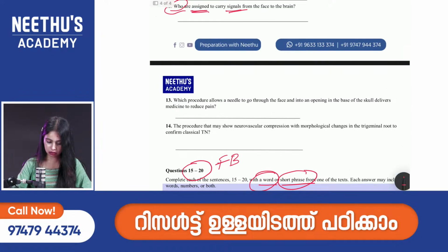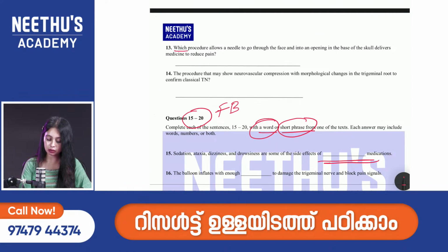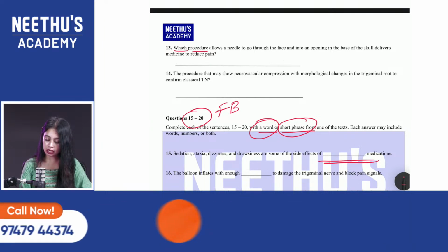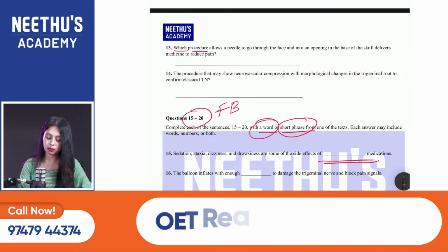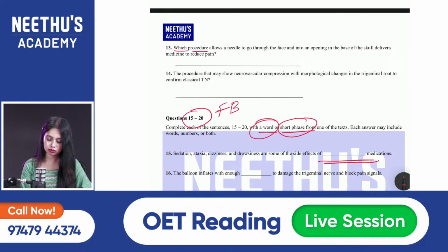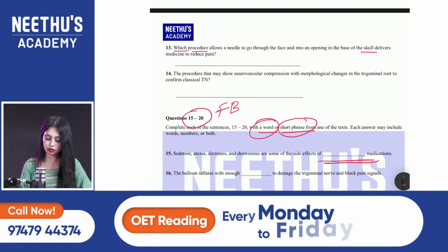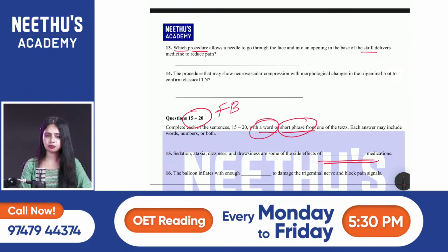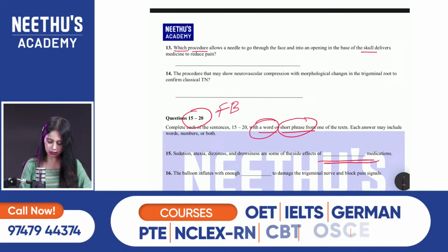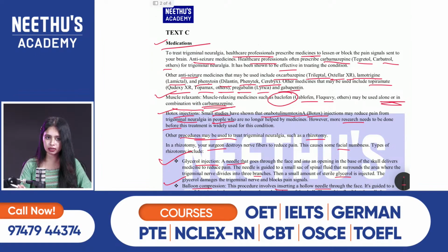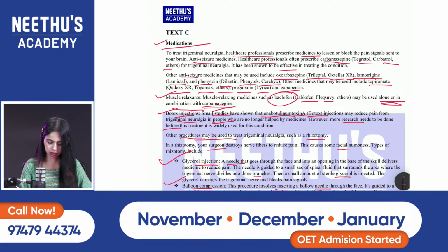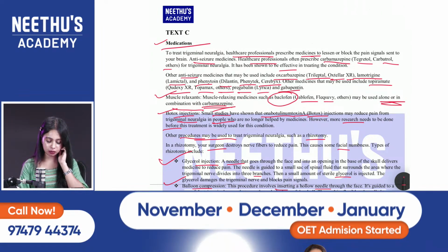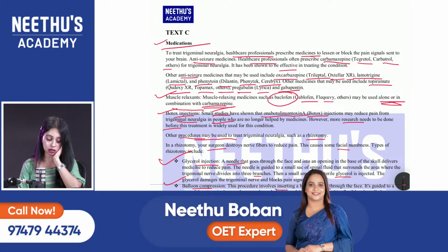And the thirteenth one: which procedure allows a needle to go through the face and into an opening in the base of the skull, delivering medicine to reduce pain? So where have they mentioned the procedure? I'm sure it's in text C. It's not rhizotomy. It is glycerol injection.